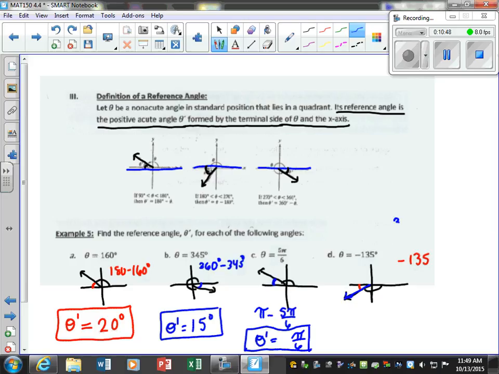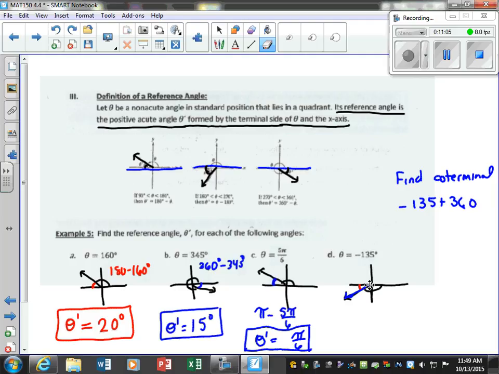I would say negative 135, and let me come up here so I have some more room, plus 360 to find the coterminal angle. I almost forgot about that real quick. So let's find the coterminal, and that's going to be 225 degrees.